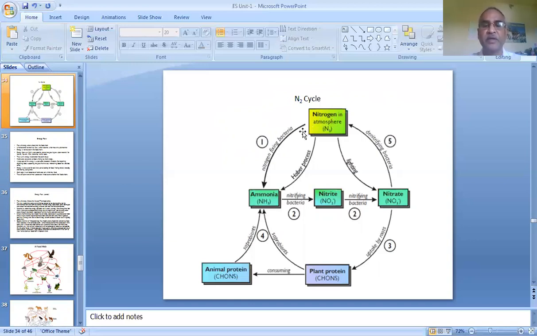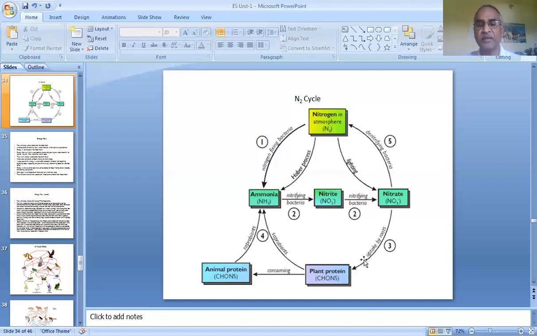So fixation is done by bacteria, or by the Haber process, or it can be done by lightning. In any of these cases, the nitrogen bond has to be broken and made available for the bacteria for the cyclic process of formation of ammonia, nitrite, and nitrate.